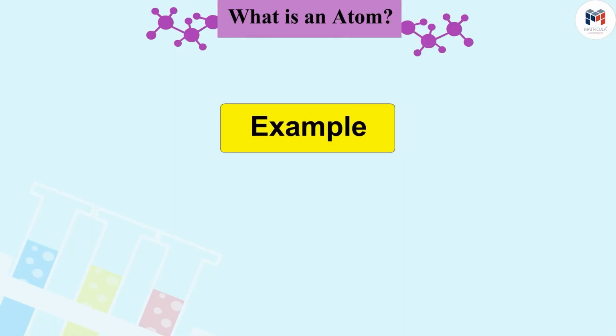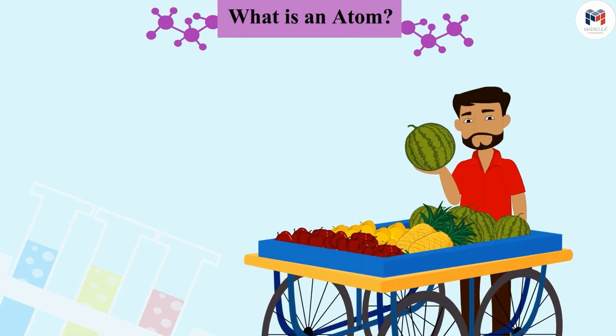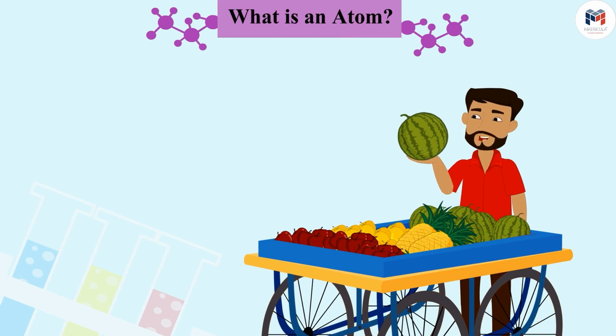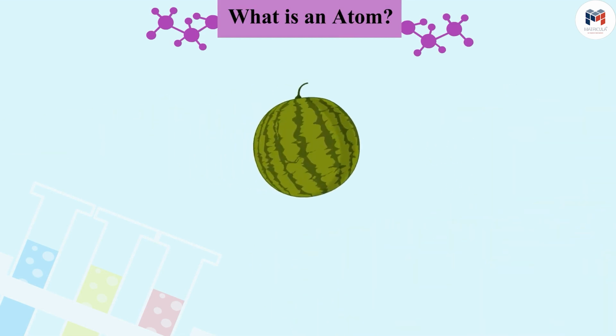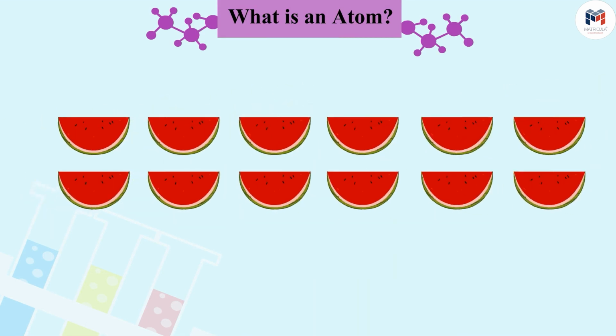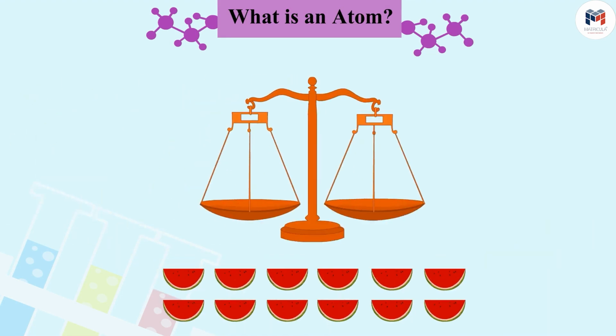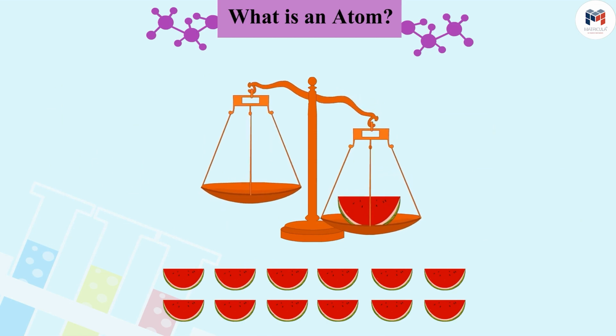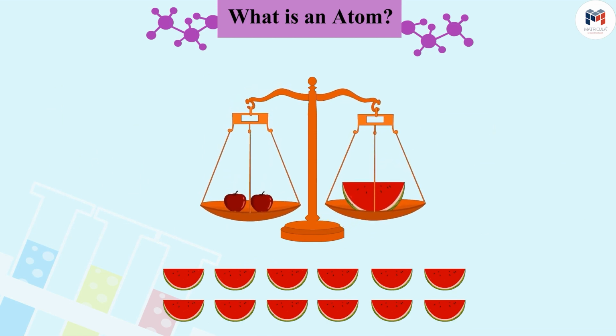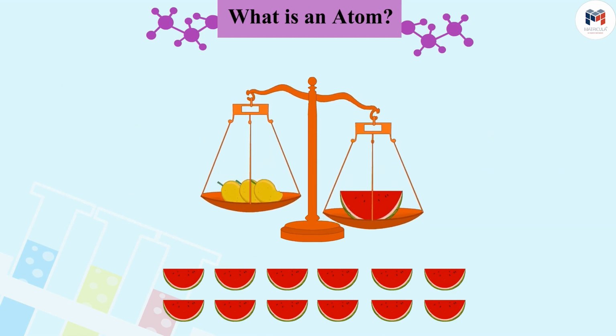Let us understand this by a daily life example. Imagine a salesman carrying a watermelon and saying, "Its mass is 12 units." He then slices 12 equal pieces of watermelon and finds that the mass of each piece is relative to the whole watermelon.